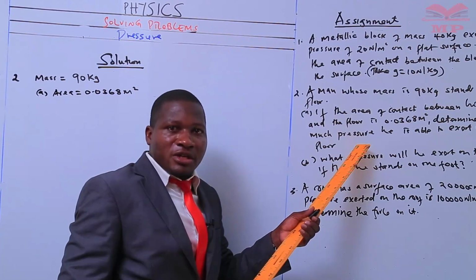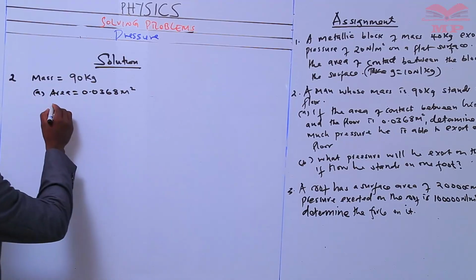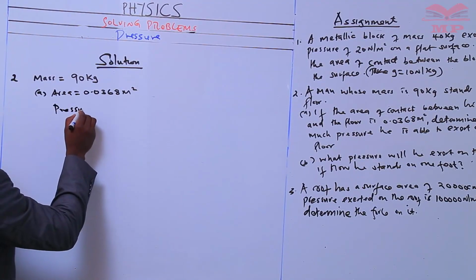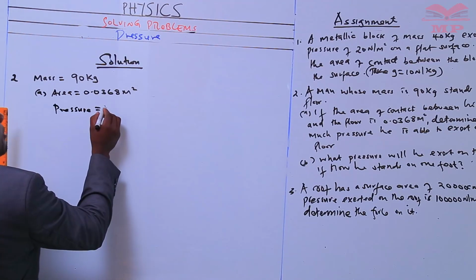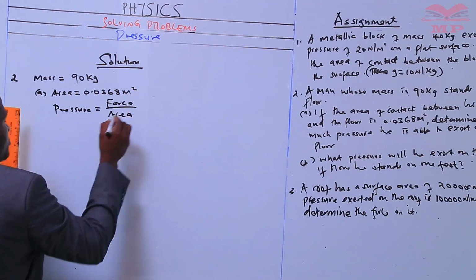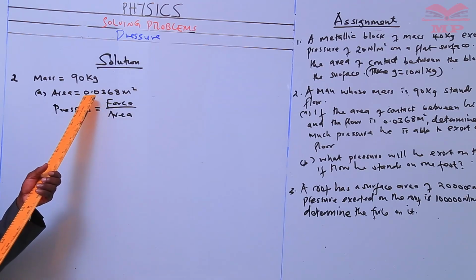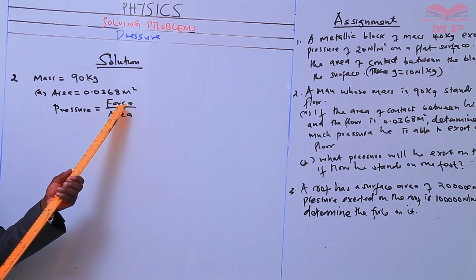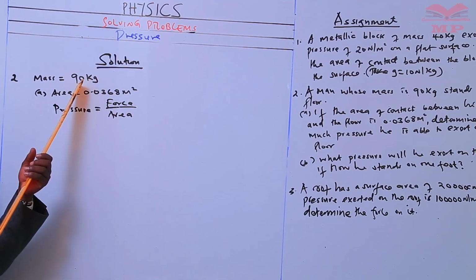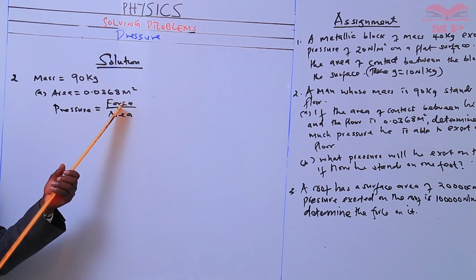And we know that pressure is equal to force over area. We have the area, we don't have force, but we have mass. We are going to use this mass to get force.